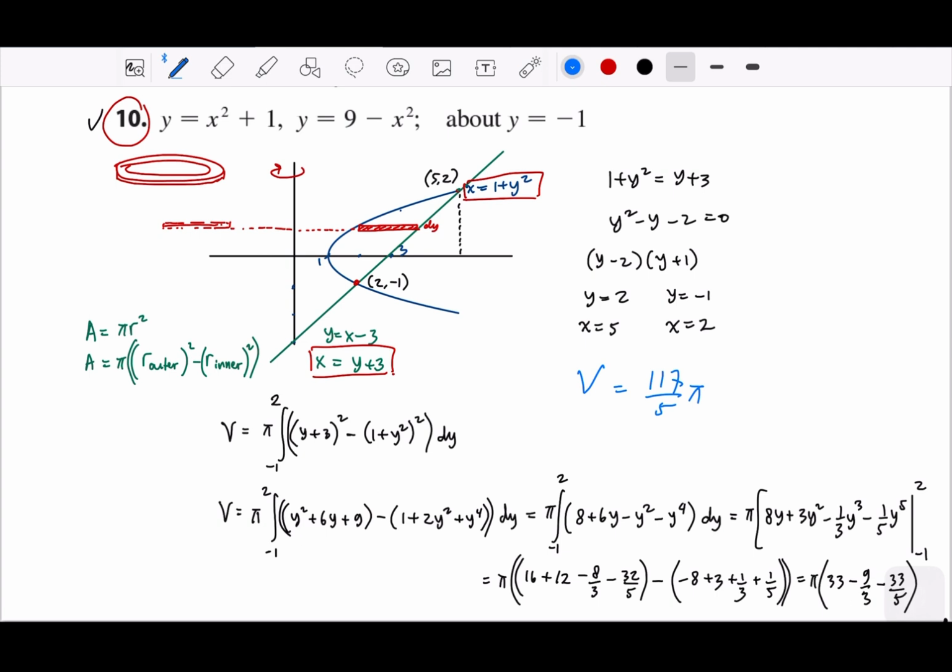Yeah. And then rotate about y equals negative 1. And we'll solve it.